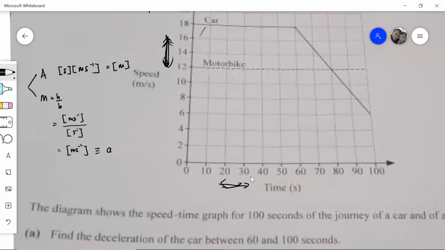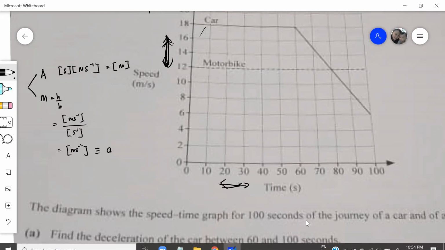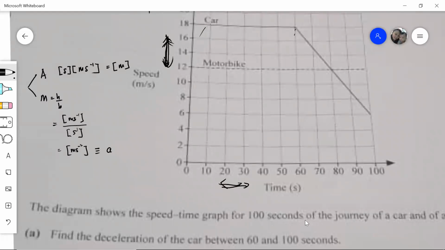So just nice, we can find a, because we are asked to find the deceleration of the car between 60 to 100 seconds. So 60 seconds is over here, and 100 seconds is over here. So the corresponding coordinates are 100, 6, whereby this is 60 and 18.